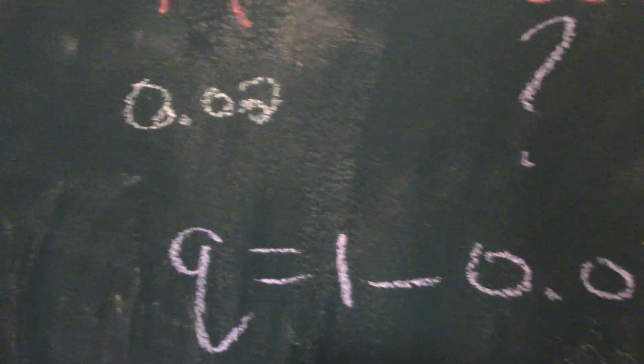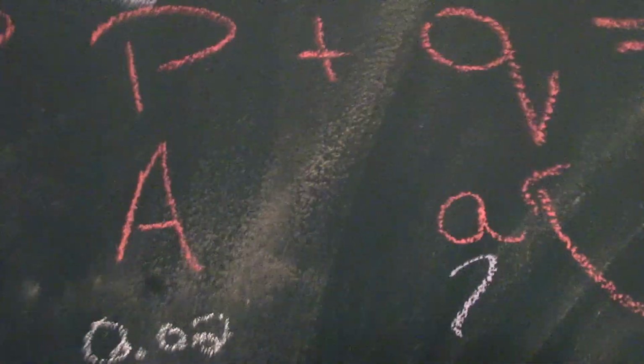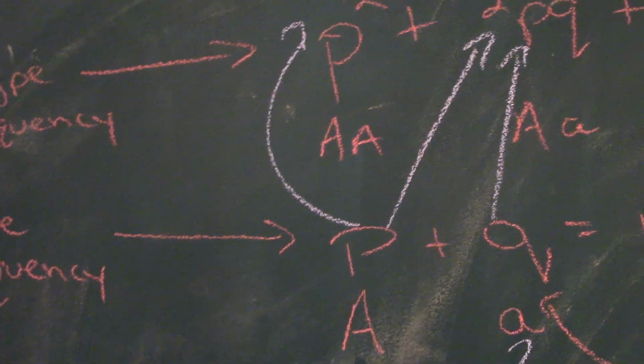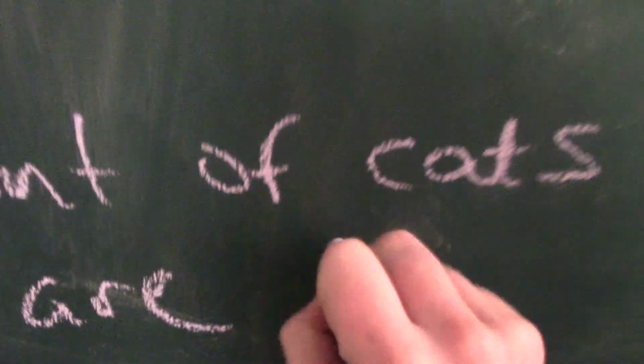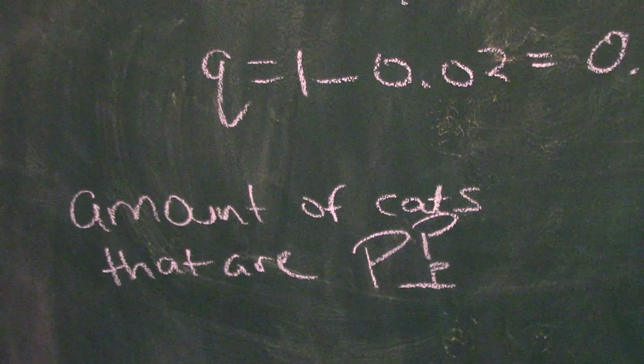So I can go up to P squared, and I can take P and Q and do this math. When I look for the amount of cats that are big P, big P or big P, little p, that's what we're looking for.